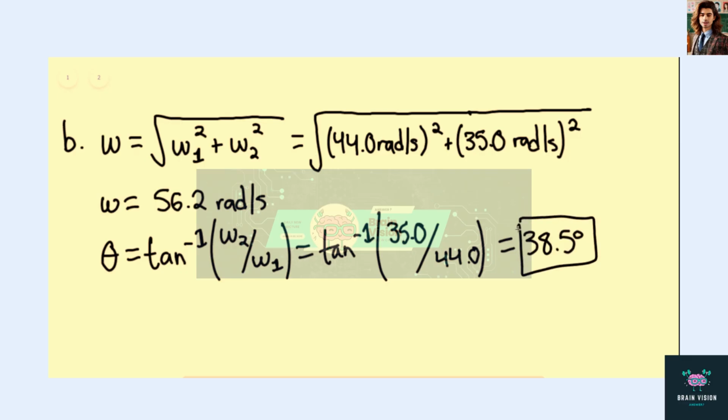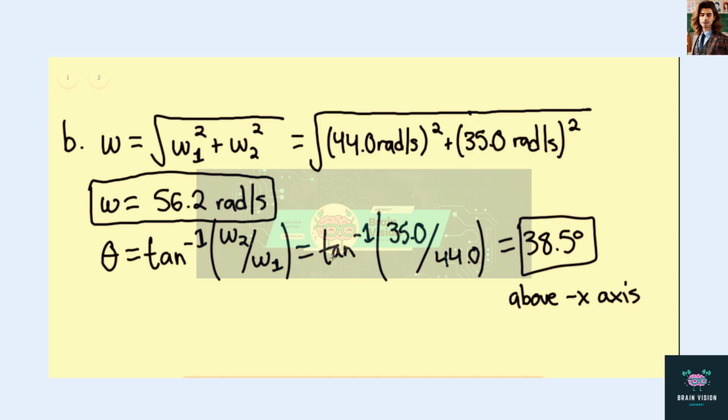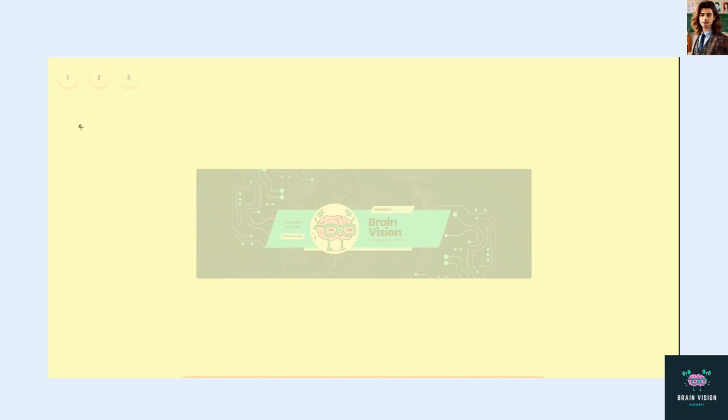This would be your direction, essentially above the negative x-axis. We can then say this would be your magnitude and your direction.